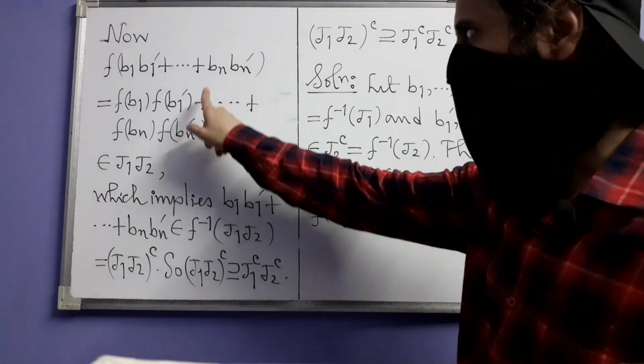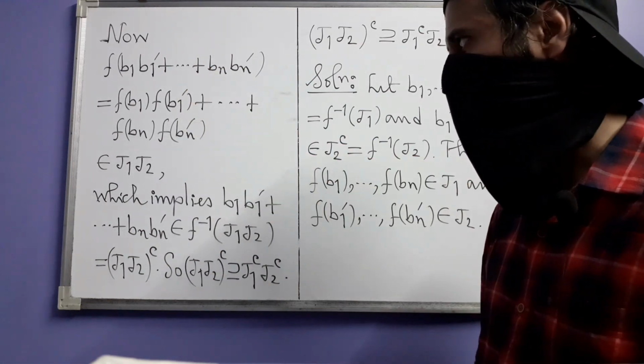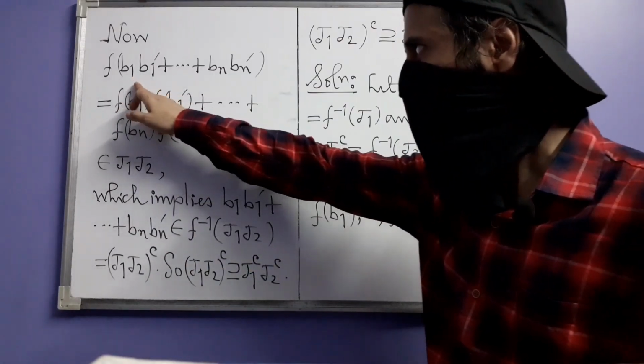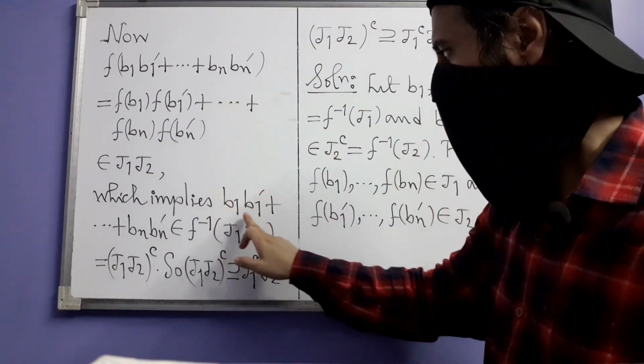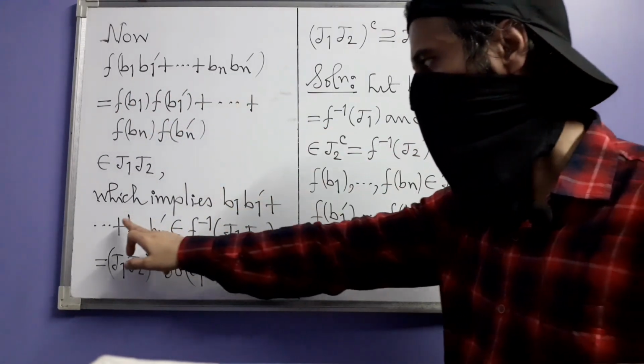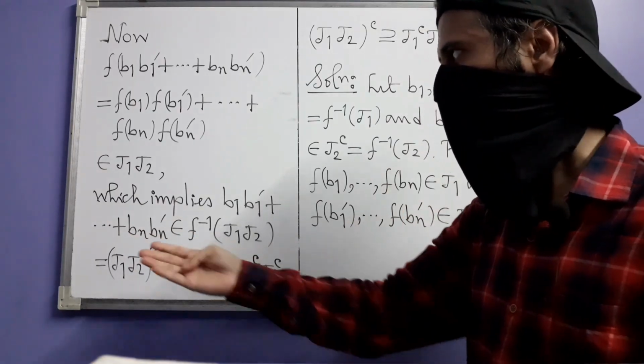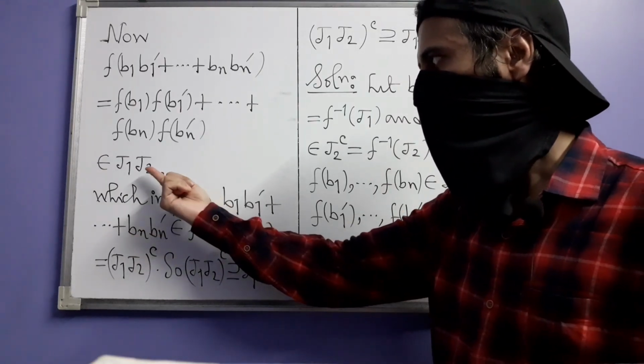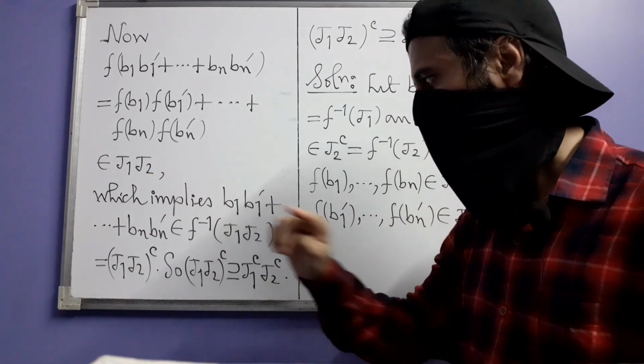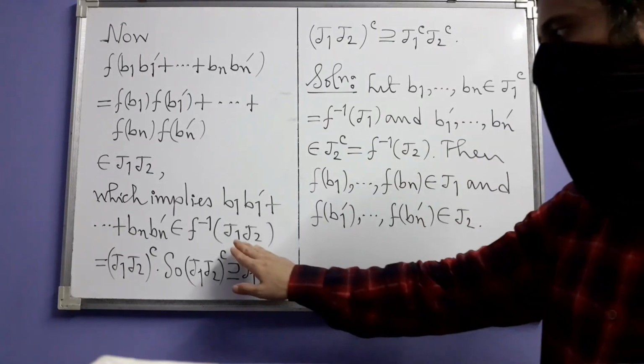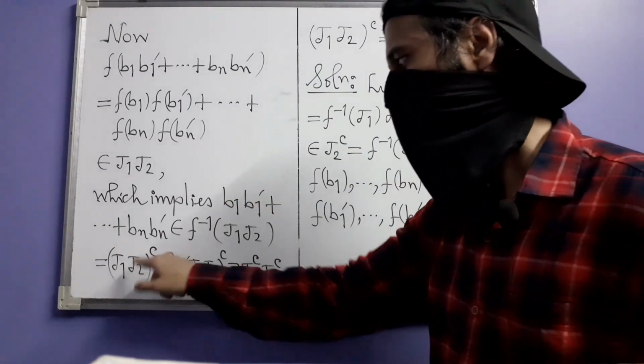But this sum is just this F image. So this individual sum, that is b1 b1 prime plus b2 b2 prime up to bn bn prime, belongs to the inverse image of J1, J2 under F, which however by definition of contraction is the contraction of J1, J2.